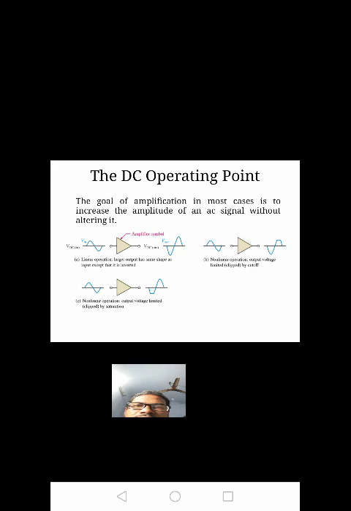The positive half cycle is clipped off in the output in the second diagram, B. In the third diagram, the negative half cycle is clipped off, because the operating point is not correctly placed in these two cases, B and C. The Q operating point is not correctly placed.